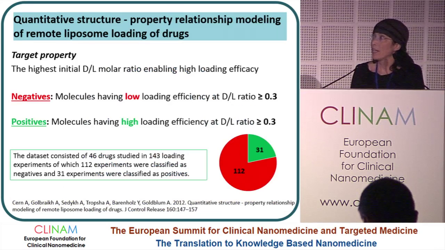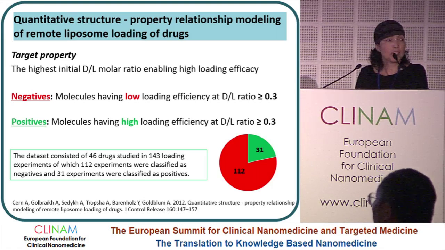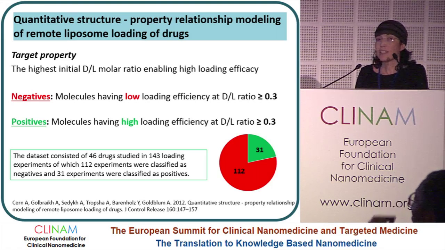In order to build the models, we collected data related to remote loading of liposomes, and we defined the target property as the highest initial drug-to-lipid ratio that will enable high loading efficiency. As we were interested in developing a liposomal drug, we needed not only high loading efficiency, but also a high drug-to-lipid ratio in the liposomes that will enable administration of a therapeutic dose.